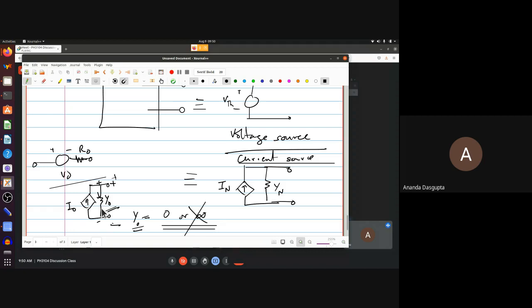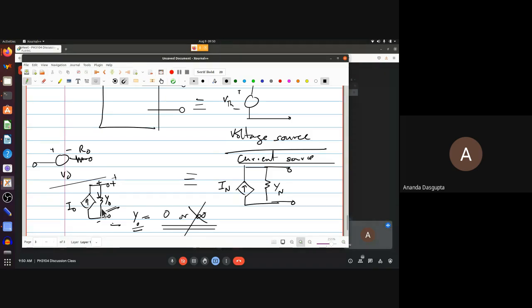So what would you want it to be in reality? Reality is not ideal. If you want to call something a current source, Y0 should be small. Should you have a large Y0 or a small Y0? Small. Yeah, a small Y0, right. So a device is called a voltage source if it has a small R0.